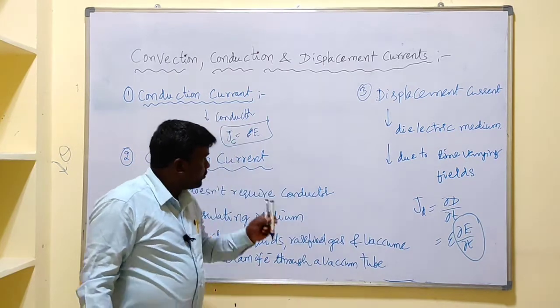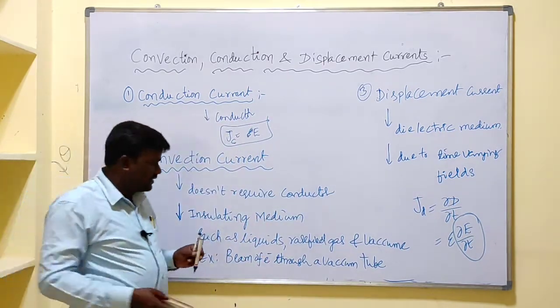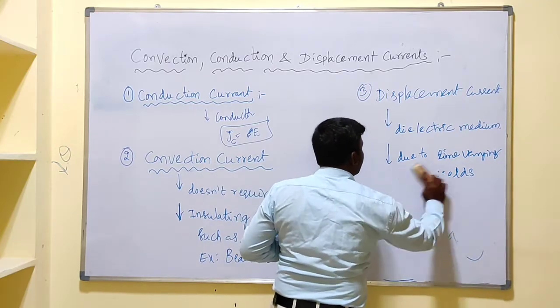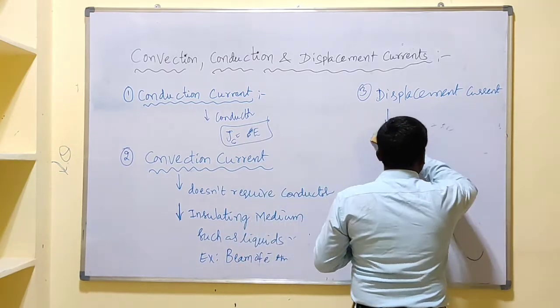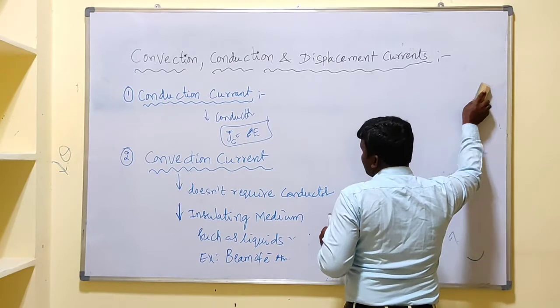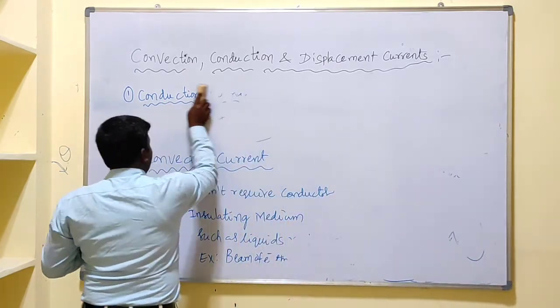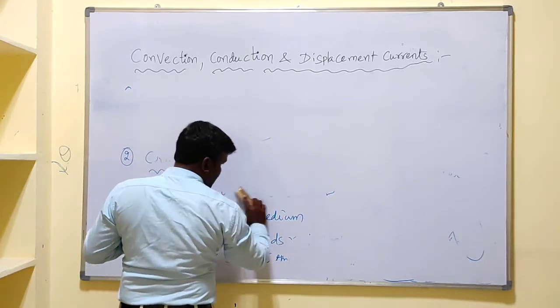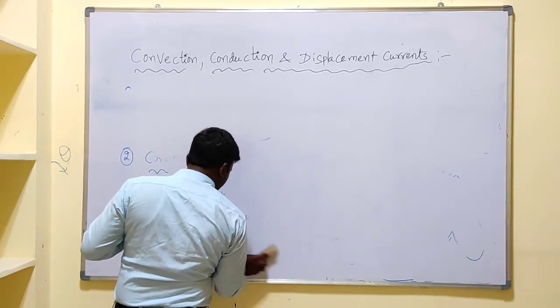Now we will discuss the general expression for current. How can we define the current? Current through a given area is the charge passing through that area per unit time.